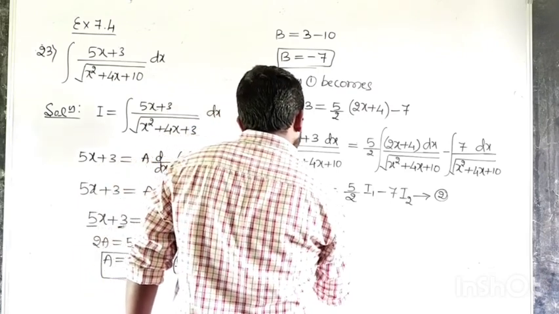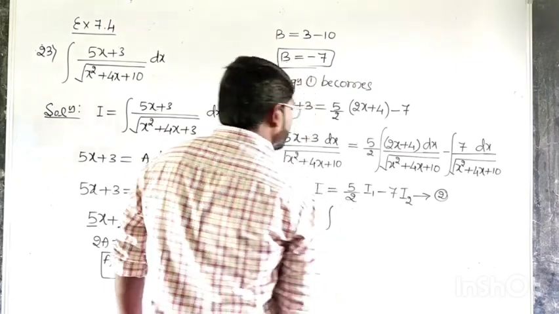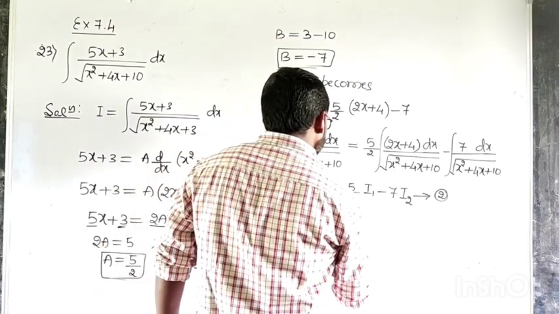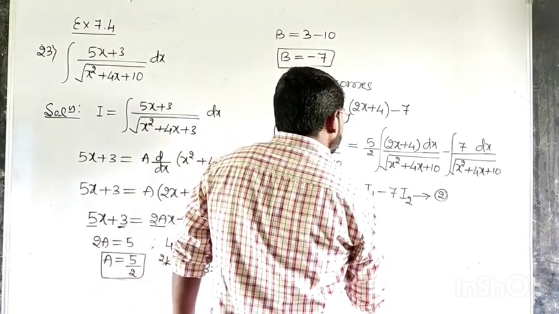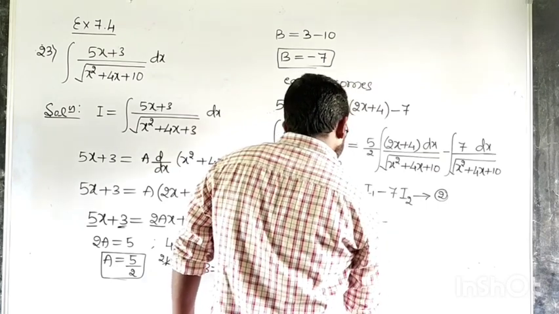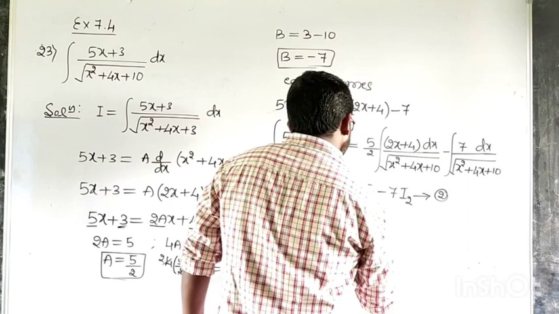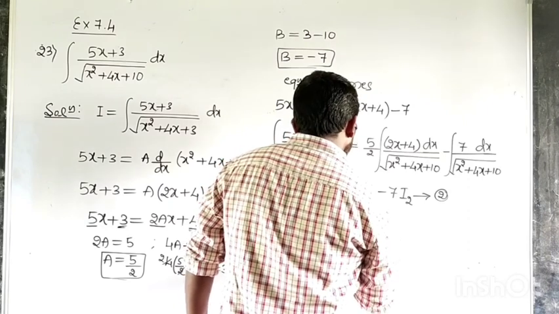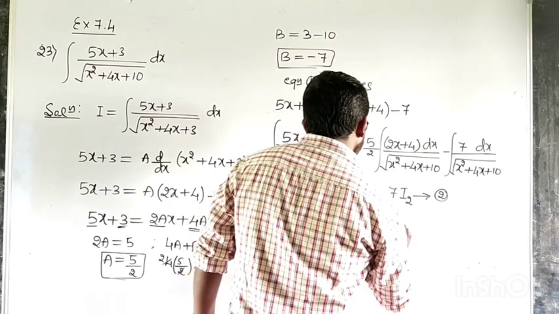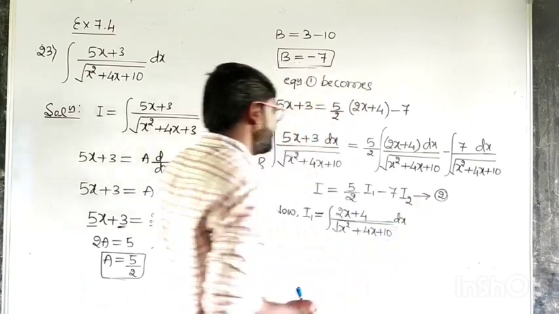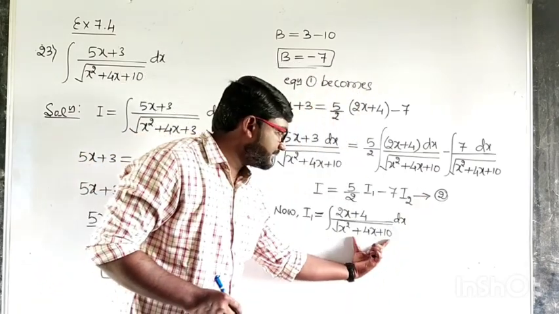I1 is equal to the integral of (2x plus 4) divided by the square root of x square plus 4x plus 10 dx. So I take this as t.